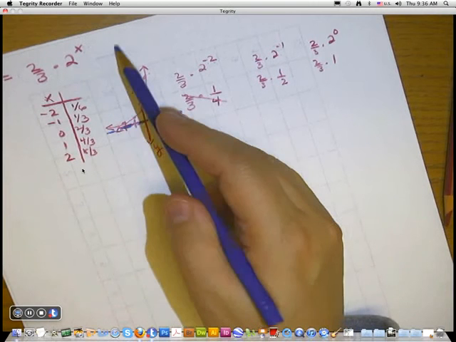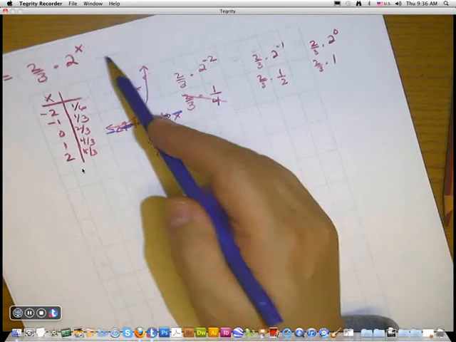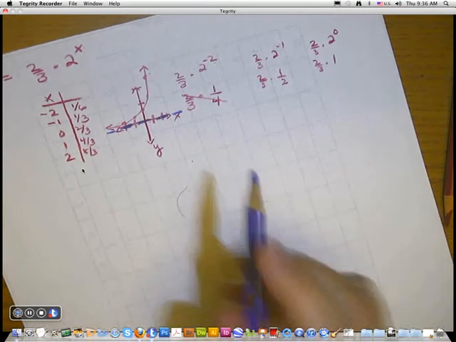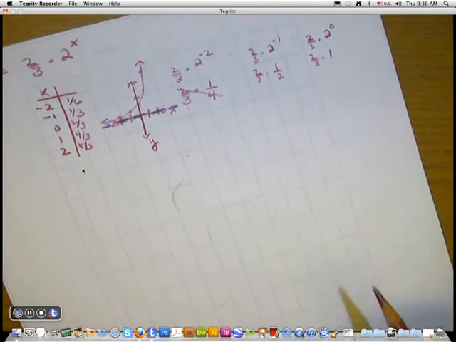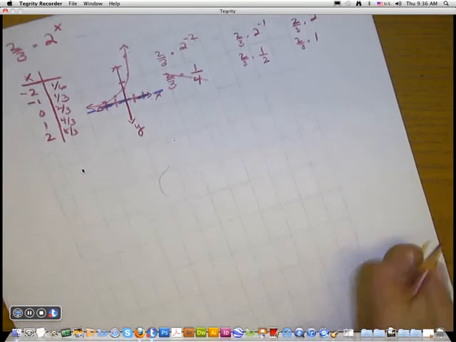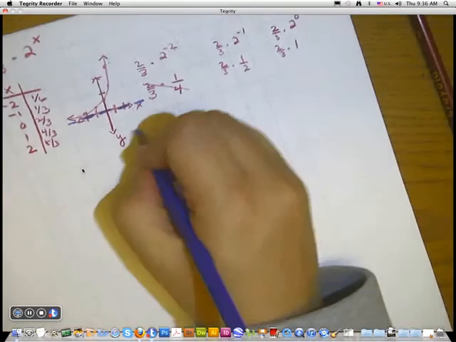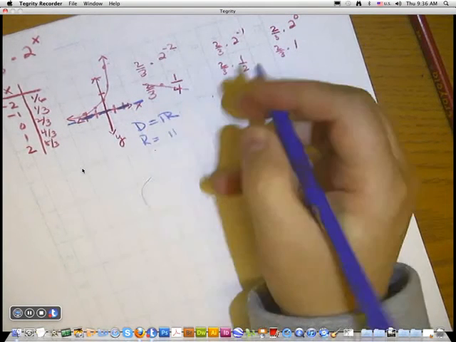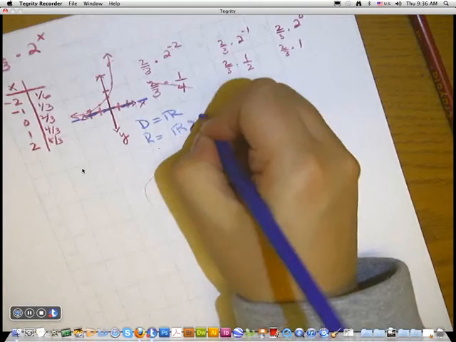We had no shifting, no h's, no k's, but k is our asymptote, so 0 is our asymptote. And again with this, the domain is all reals, and the range is all reals greater than 0.